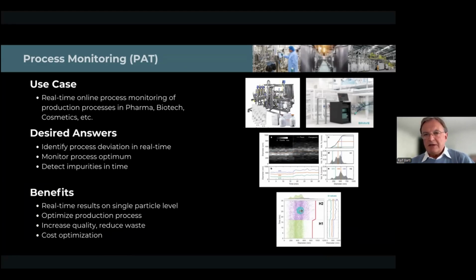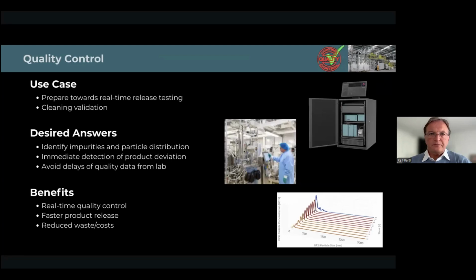Having not just a broad picture, but individual particles allows us to also see changes, but also impurities or modifications or byproducts, even at a very low concentration, and this in real time, so that allows you to monitor or to adjust your production.